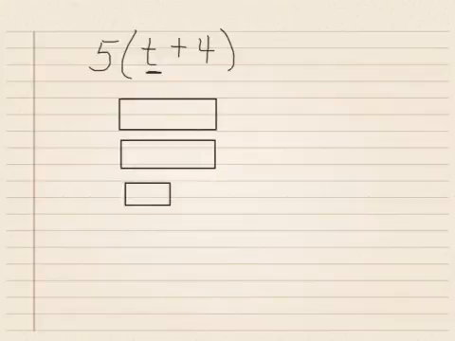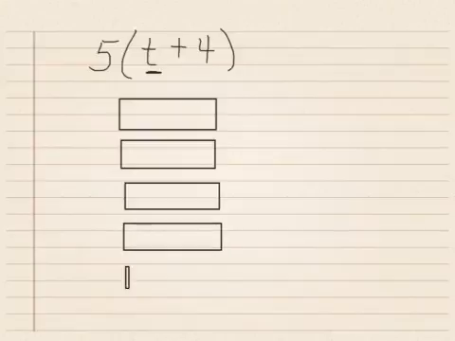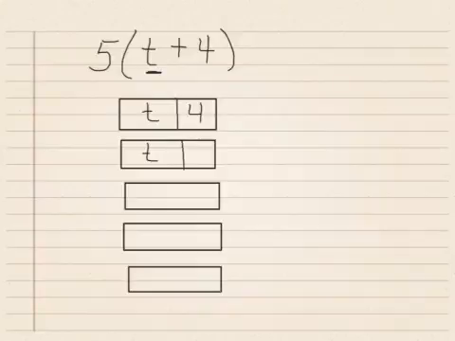And so we can now represent that we have 5 friends, and they're each going to buy the same thing. This person is going to spend that amount of money for the ticket, and they're going to buy a $4 candy bar. This person's going to buy the same ticket and a $4 candy bar. Here is that person's ticket and a $4 candy bar.